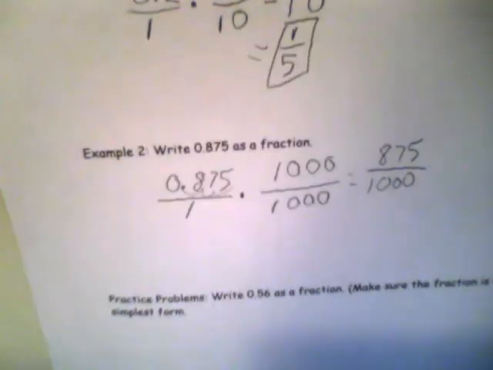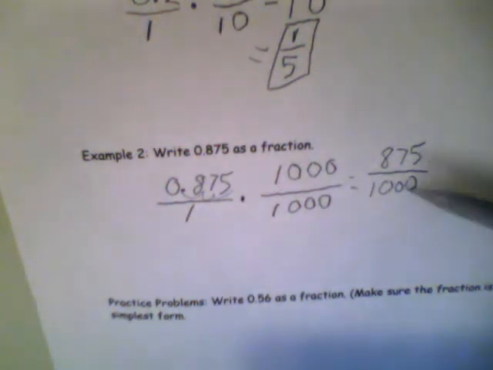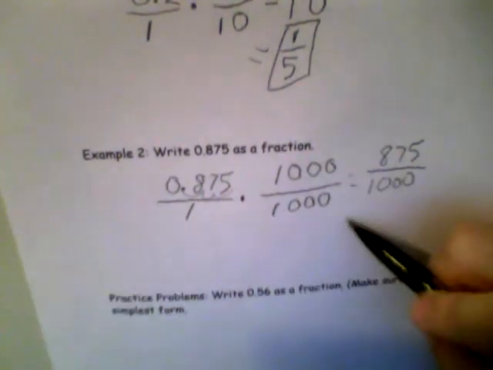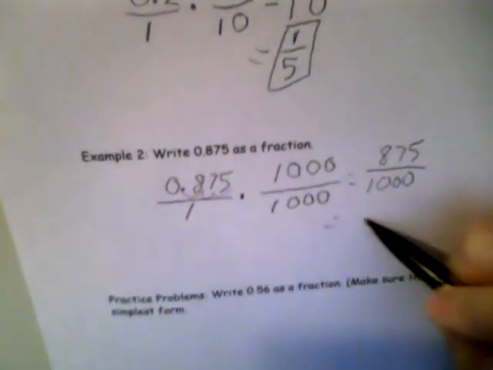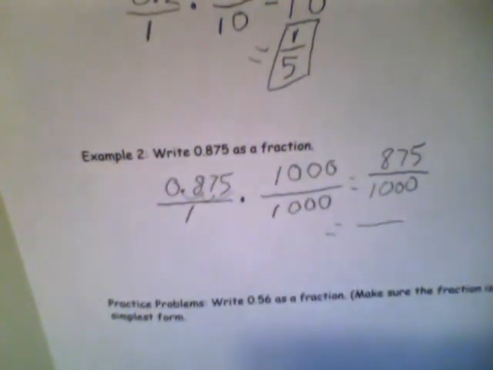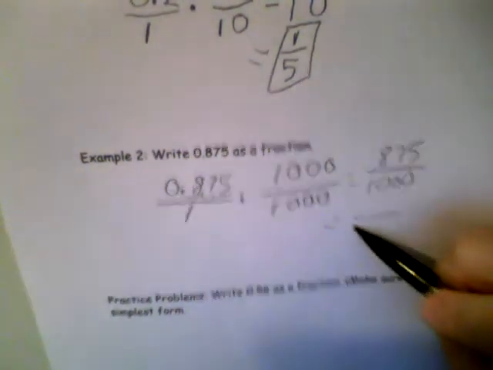Now I just have to reduce this. You might look at this and think, oh boy, those are really big numbers. Whenever you get a number as big as this, I think it's easiest to see that 25 goes into both of these. So I'm going to divide the top and bottom by 25. Now, 25 goes into 100 4 times, so it's going to go into 1,000 40 times.